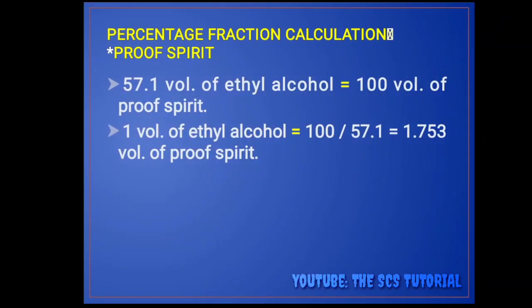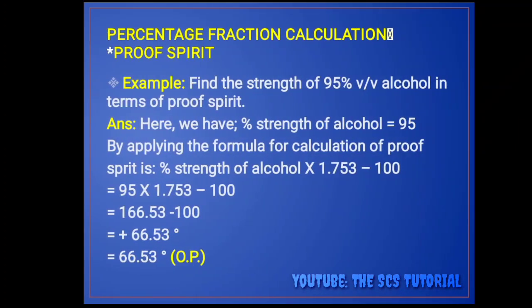See, that 1.753 value comes from this part: 57.1 volume of ethyl alcohol is equal to 100 volume of the proof spirit, and 1 volume of ethyl alcohol is equal to 100 by 57.1, that is equal to 1.753 volume of the proof spirit.